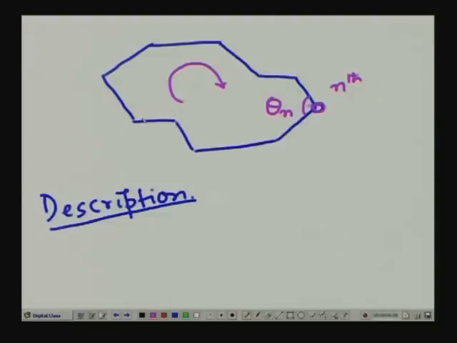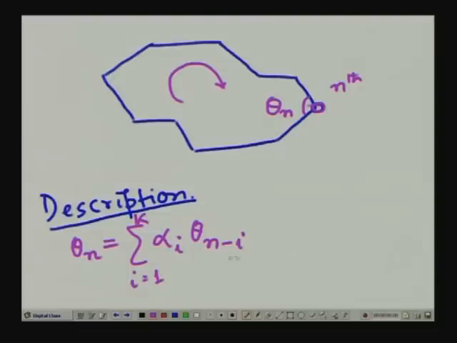So, this theta n, that is the angle subtended at the nth vertex, is represented by a linear combination of k number of previous angles. So, we represent it as the summation of alpha i theta n minus i, for i equal to 1 to k.